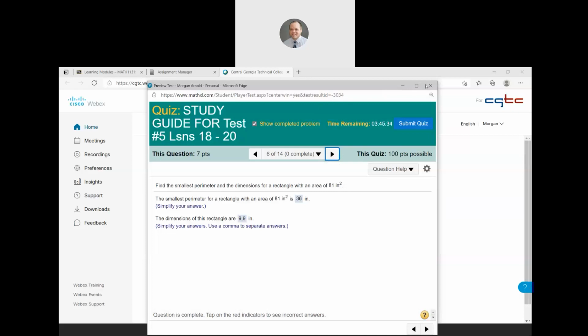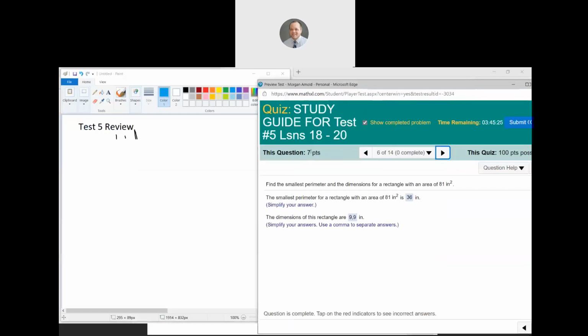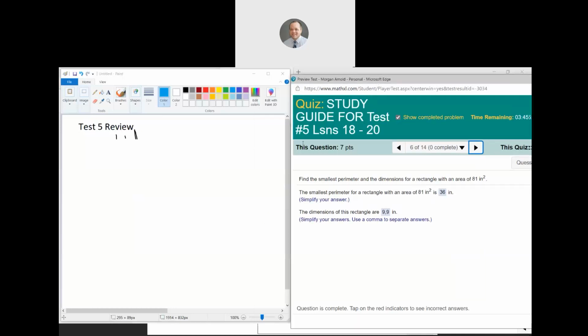Okay, the next question is a word problem. Find the smallest perimeter and the dimensions for a rectangle with an area of 81 square inches. We're given both perimeter and area, so we need those two formulas for a rectangle.